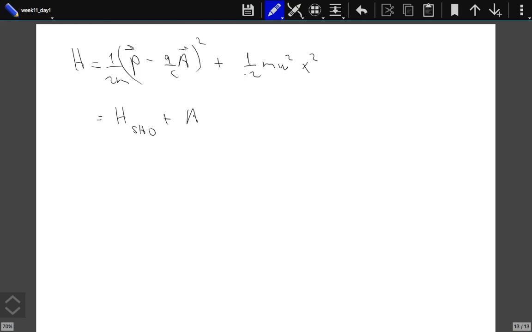And then you have the term A dot P with certain coefficients. P you can write in terms of your annihilation and creation operators if you like. And so here you see the interaction of phonons with the electromagnetic field. If there's an electromagnetic field, as your system evolves, phonons will be created in your system, or phonons will be annihilated.